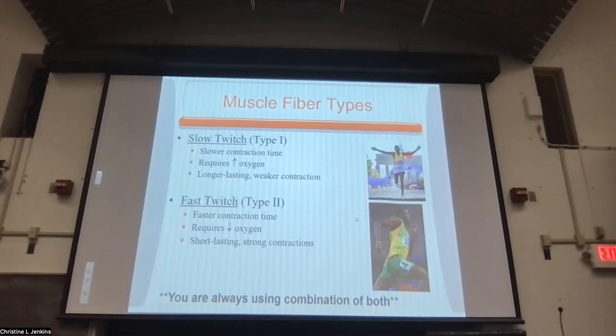Every muscle is a combination of both. But through training, how does an athlete get faster? They train, and over time, they're able to activate more fast twitch. This is one explanation of the adaptation of training.